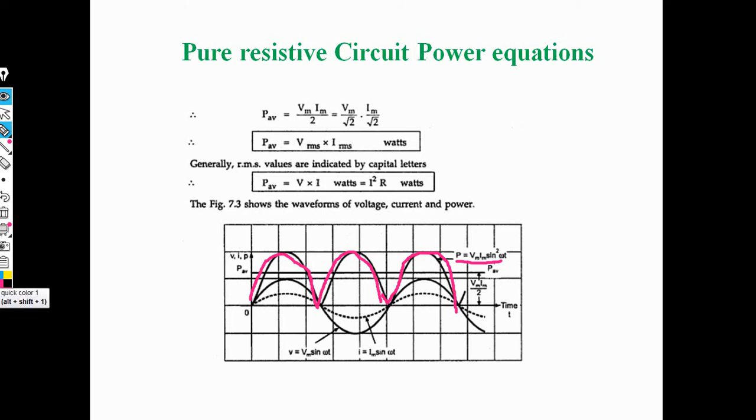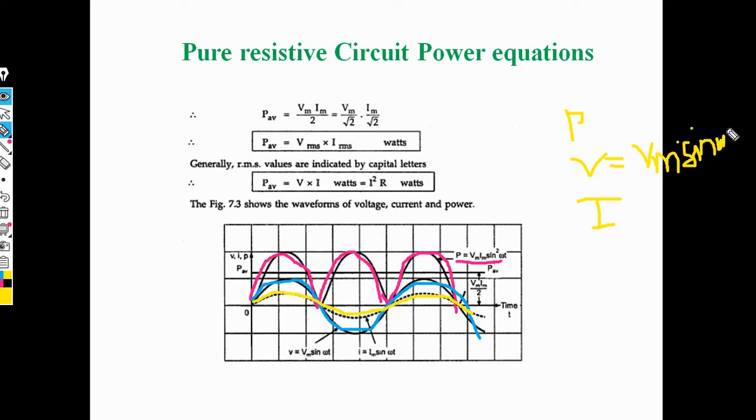Here the sinusoidal voltage waveform is the voltage waveform, and the dotted line is the current waveform. Voltage is V equal to Vm sine omega t.